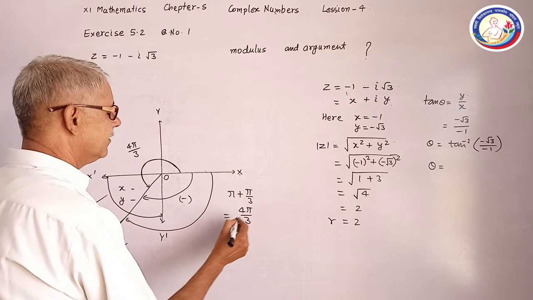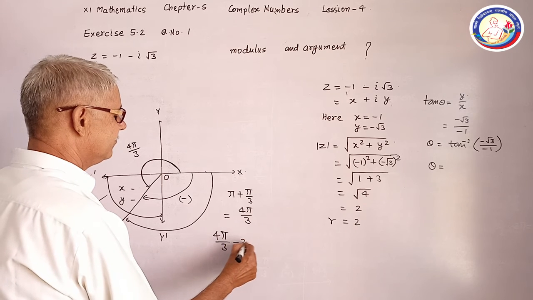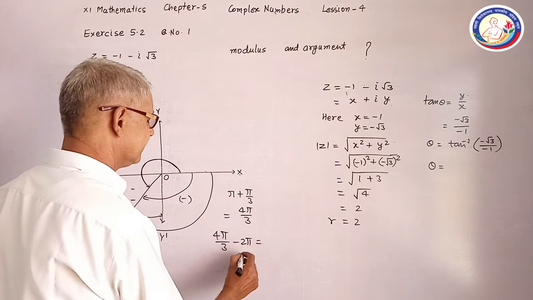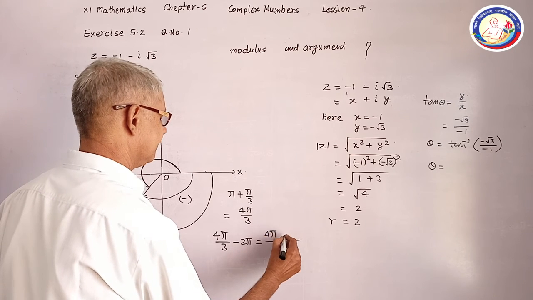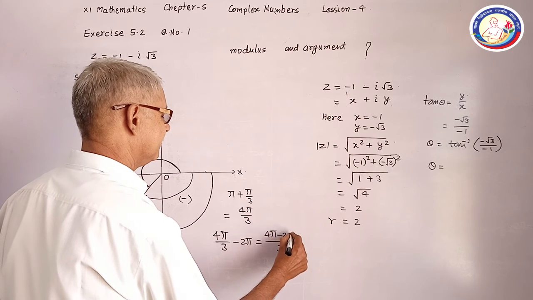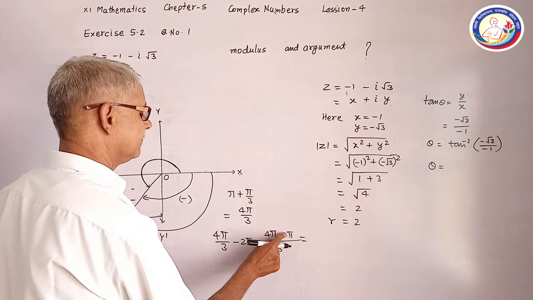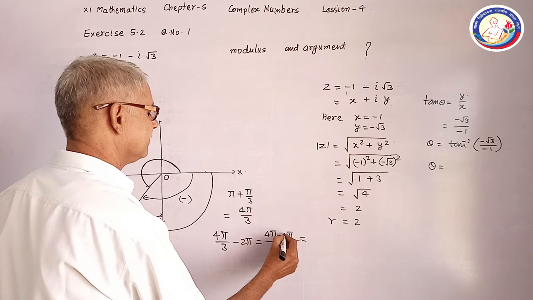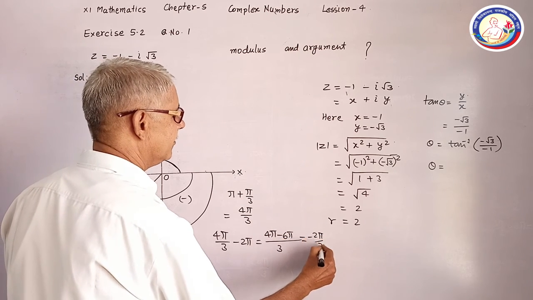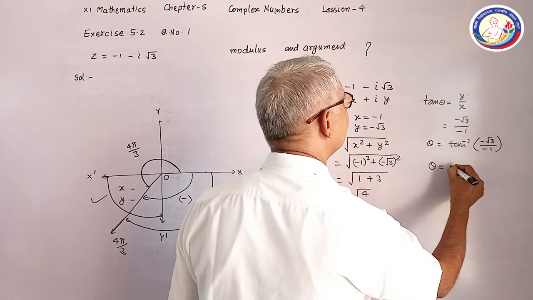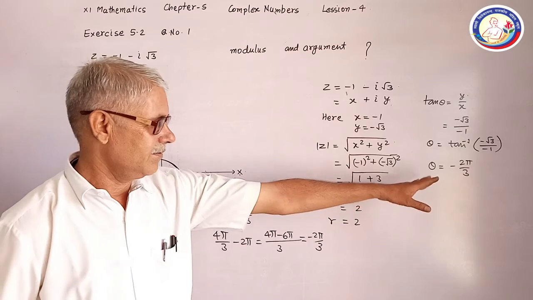We can find it by 4 pi by 3 minus 2 pi, and it will give us minus 2 pi by 3. So this is one way, the first way.